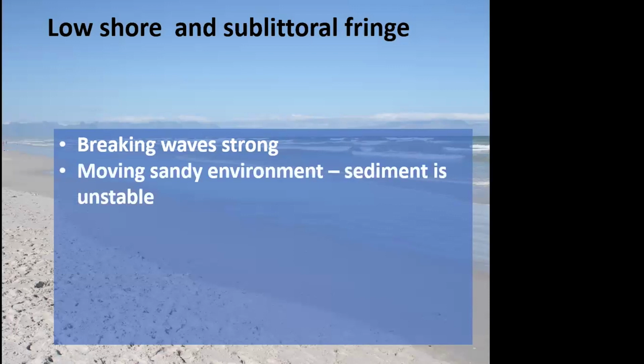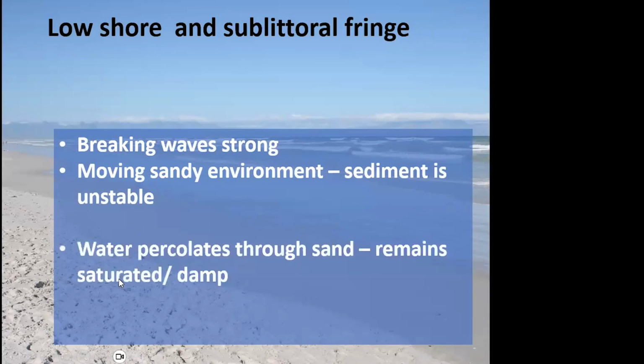So it's moving the sand a lot. Sediment is really unstable, even more so than in your mid-littoral zone. And so there's not really opportunity for organisms to dig down into this area. There are some that do, but mostly would use other ways of residing in that environment.